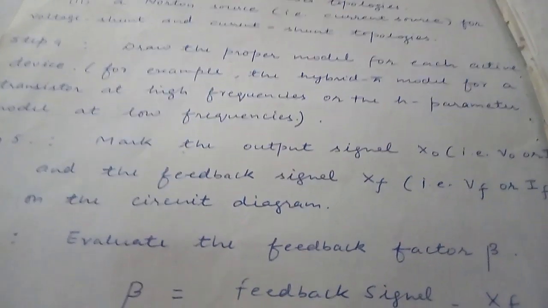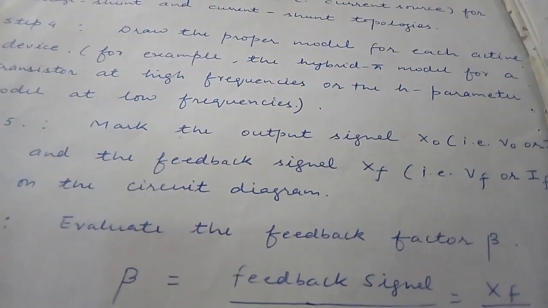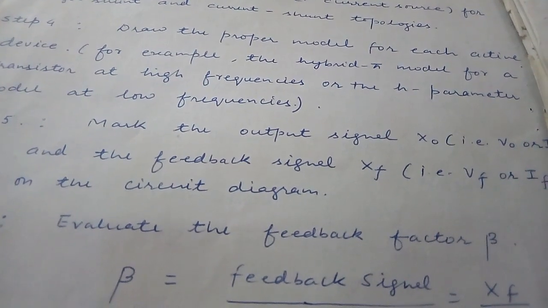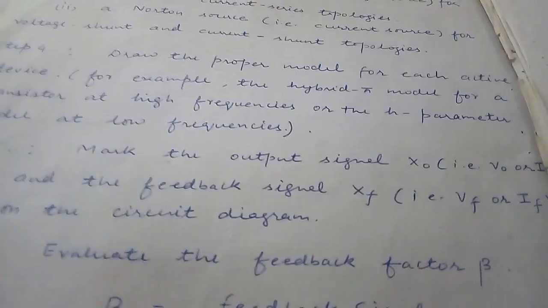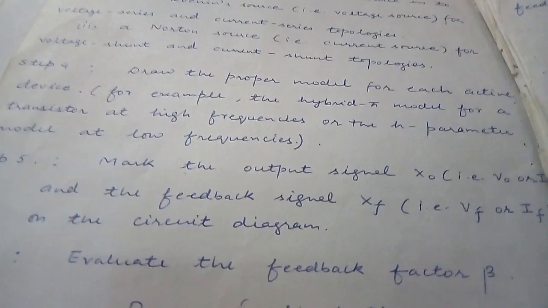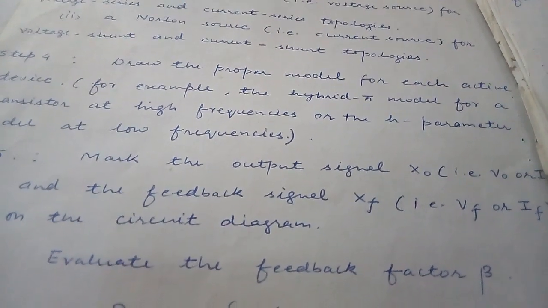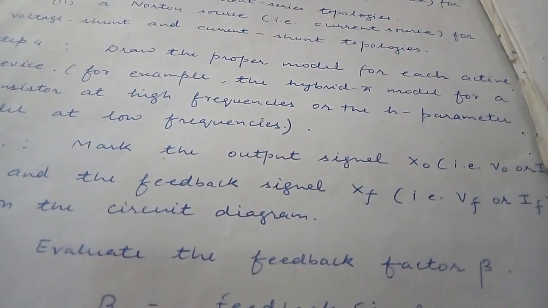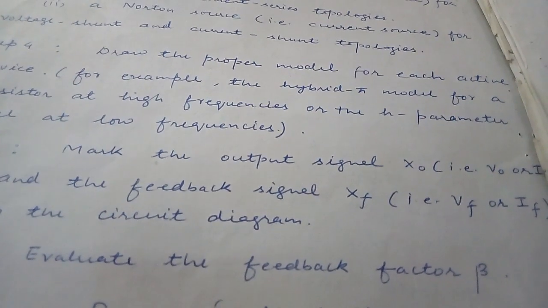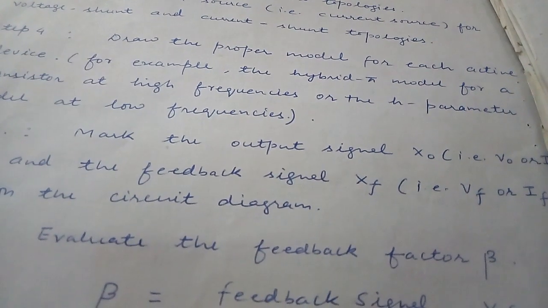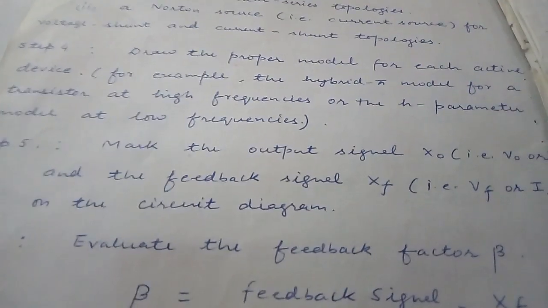In case of FET, for low frequency small signal, we have to use the small signal model of the FET. So in step 4 we just have to draw the proper equivalent circuit model of each and every active device present in the circuit.